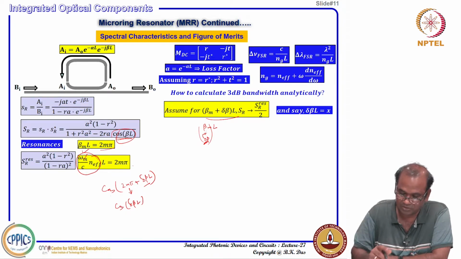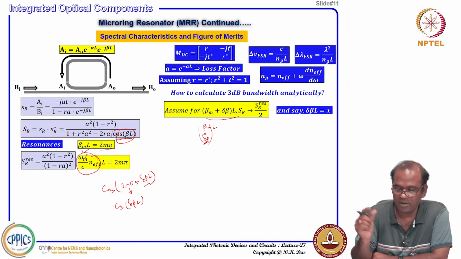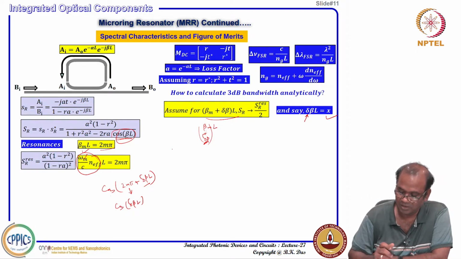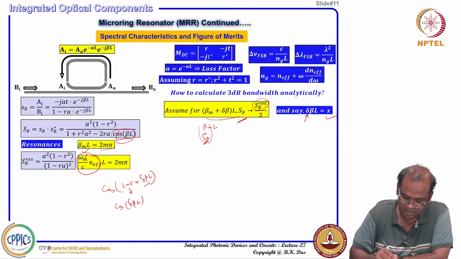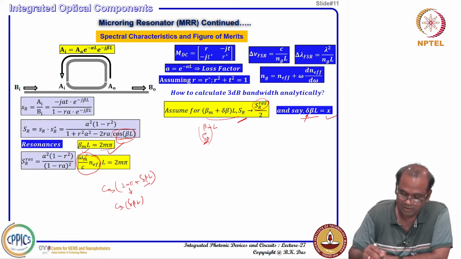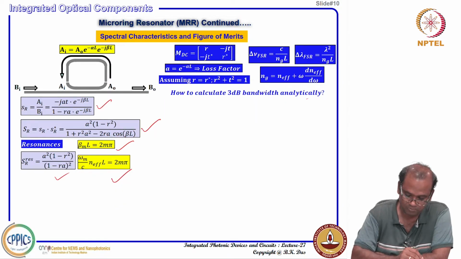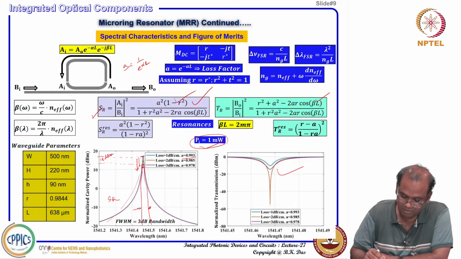If that happens, whatever beta change is happening, we define as x. The delta beta is changed such that the SR value, which you are supposed to get at resonance for beta m equal to 2 m pi, changes. This is your SR max at resonance, according to our formula.